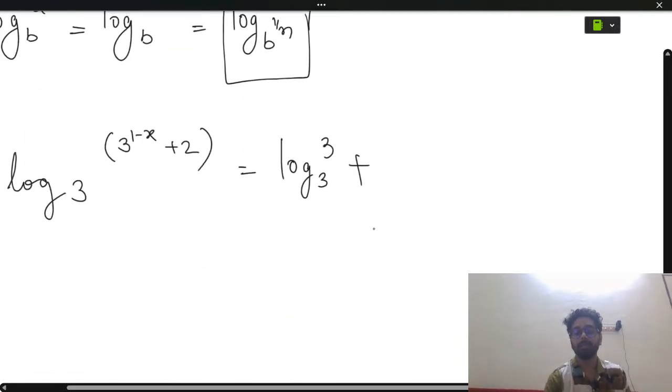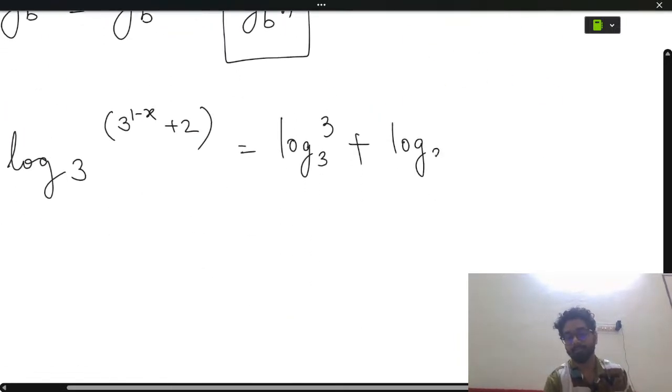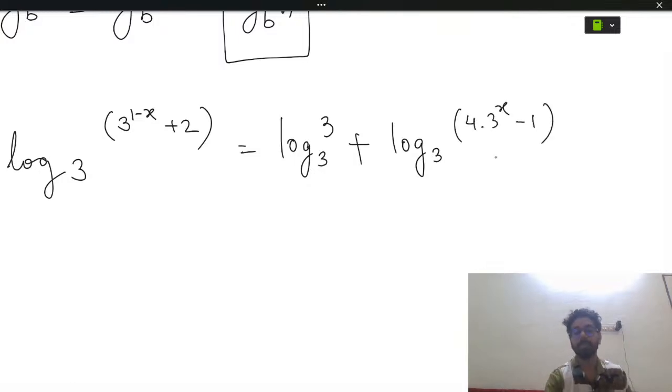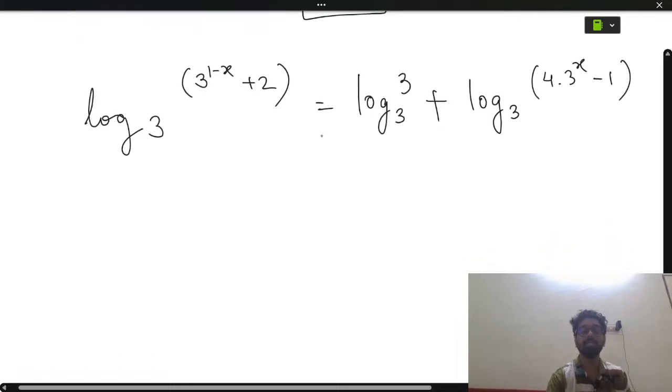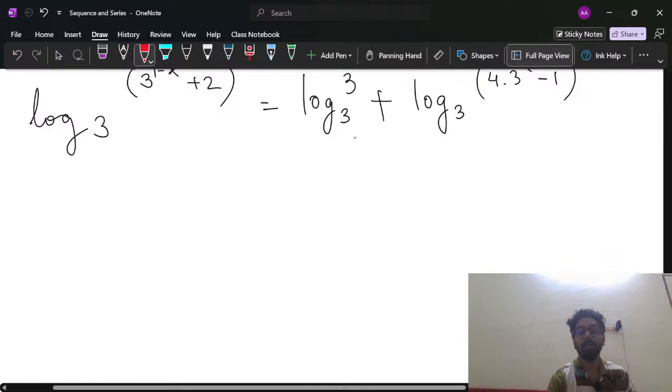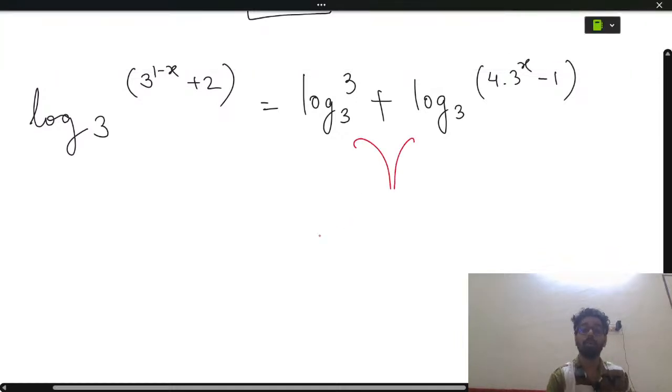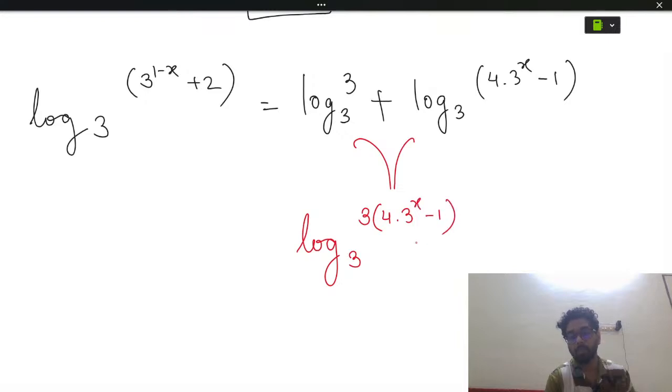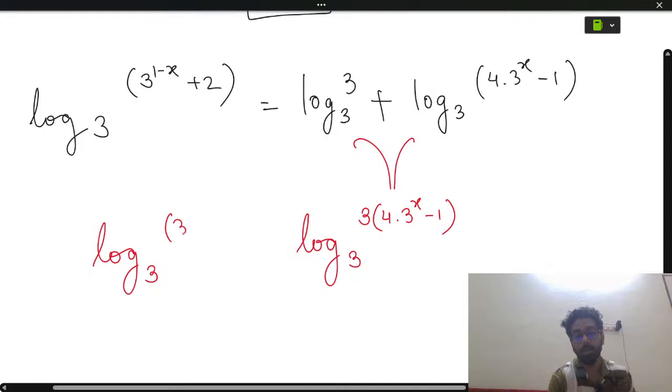Now here we are having this. Okay. Now what after this? You can see now every term is having the same base. And now I can apply the formula over here. Log a plus log b is log ab. So this becomes log 3 into 4 multiply 3 power x minus 1 to the base 3 is equal to log 3 power 1 minus x plus 2 to the base 3.